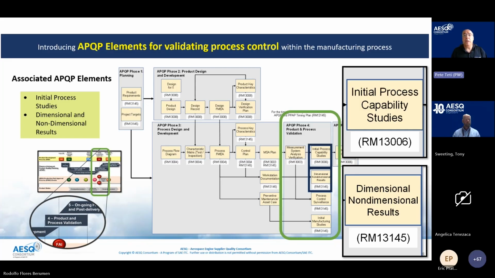Below that, in 13145, we talk about dimensional and non-dimensional results. Every feature has to be accounted for somehow. That's illustrated objectively on the first article inspection when we look at Form 3. And so those are accounted for in that manner.